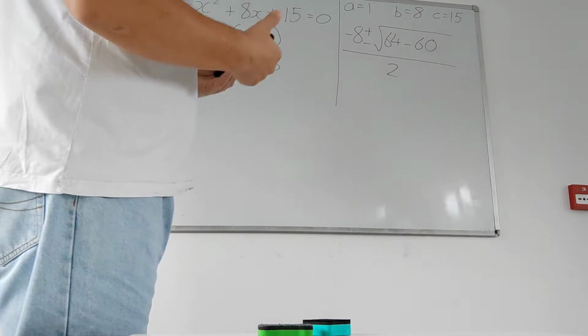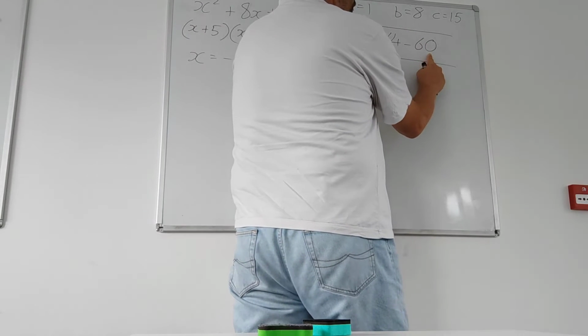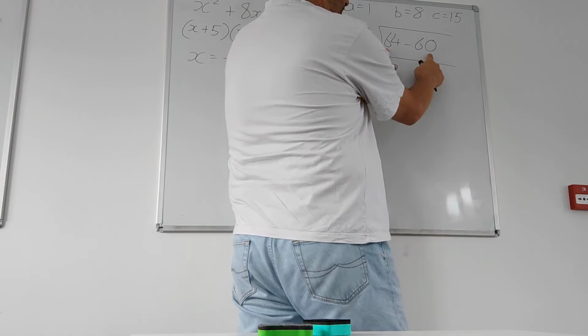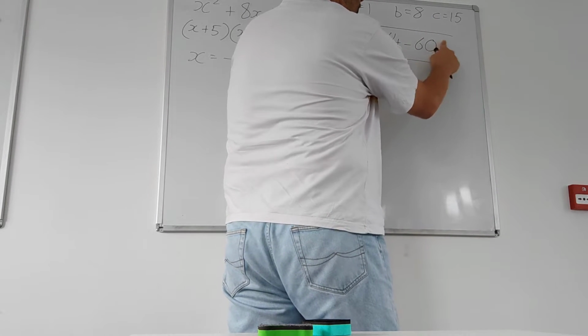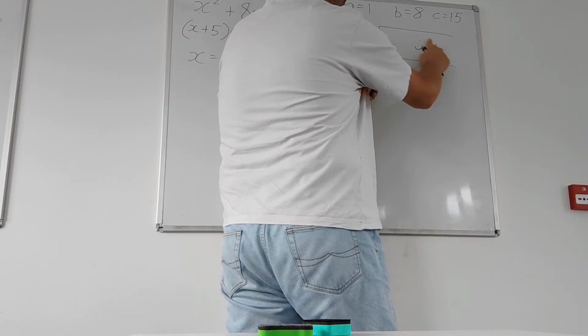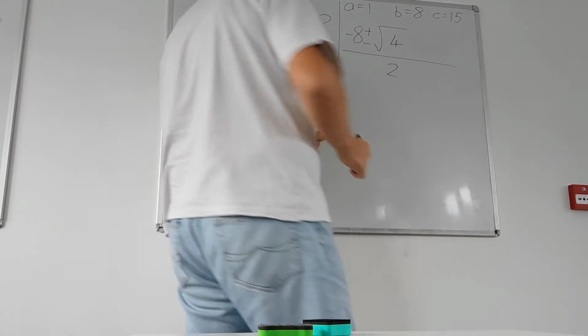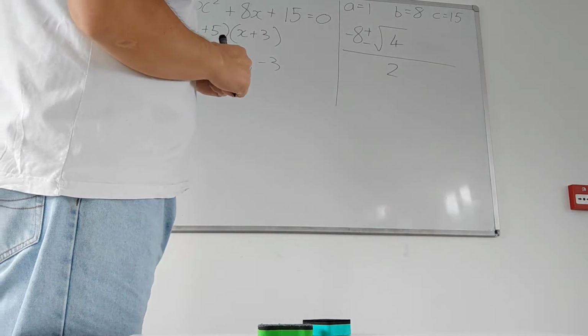So applying the laws of BIDMAS, brackets and indices come first. You always work on what's called the discriminant, is the posh word, just in case you see it in revision texts. We just work this bit out. 64 take away 60. Again, if the numbers are hard, reach for the calculator. If they're not, work it out as simply as you can.